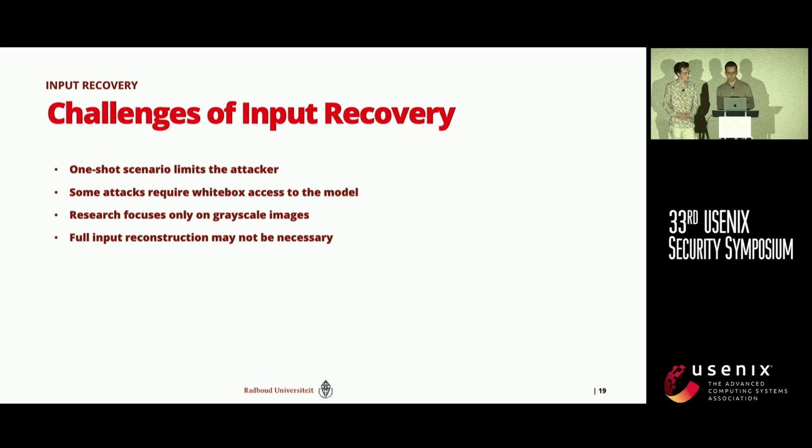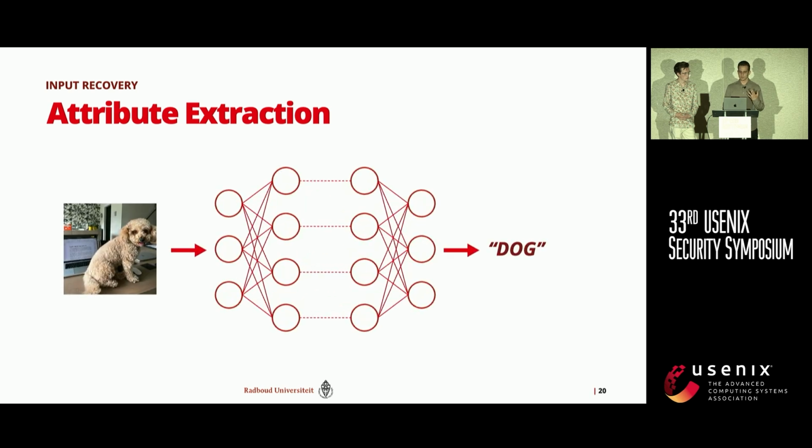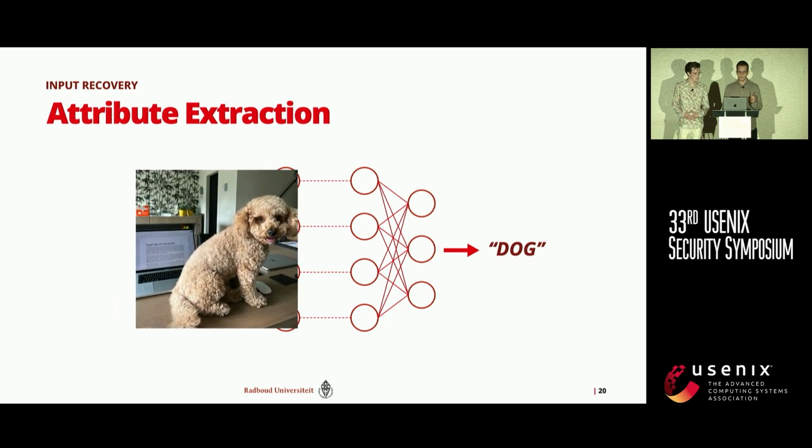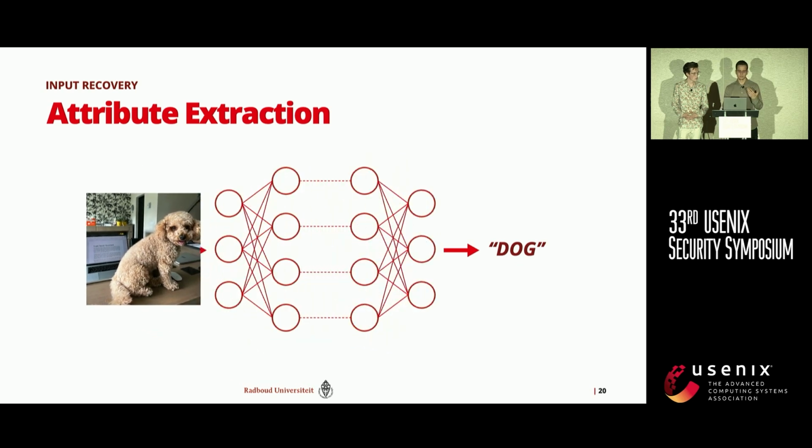So we designed an attribute extraction experiment. Let's take our previous example of a network classifying a dog. If we measure the power trace during this inference, you can also see that this image has other objects, like a computer in the background, and we can train another classifier to detect these objects.